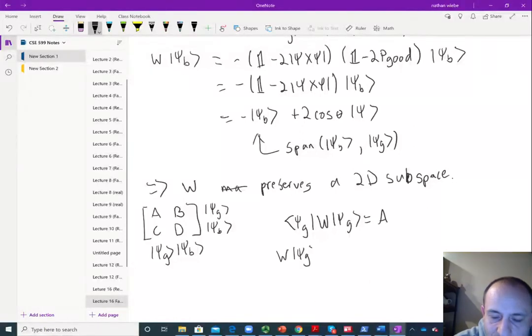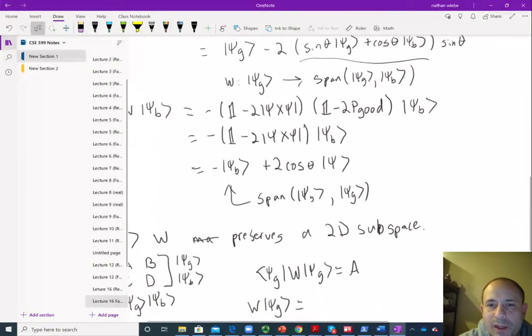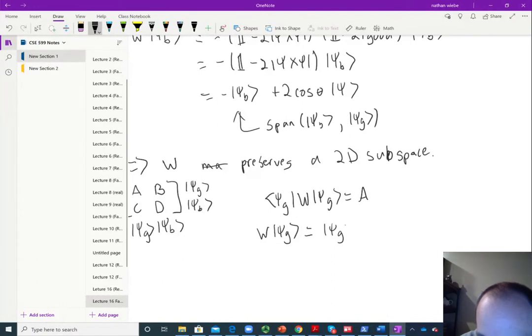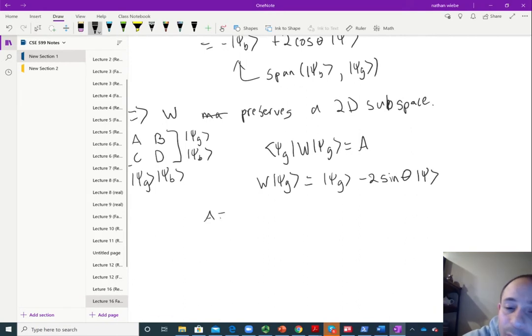W psi g is equal to psi g minus 2 sine theta times (sine theta psi g plus cosine theta psi b). Now, A is just the inner product of this with psi g, which is equal to 1, because the inner product of that with psi g is 1, and the inner product between that and that is sine theta, so that's 1 minus 2 sine squared theta.